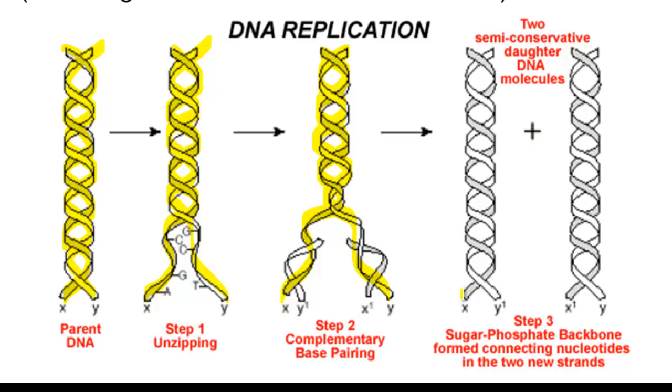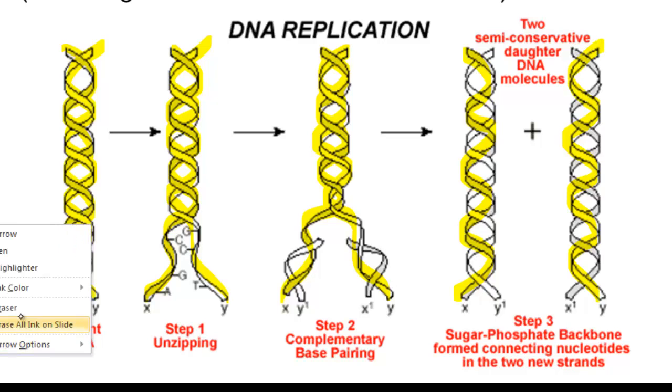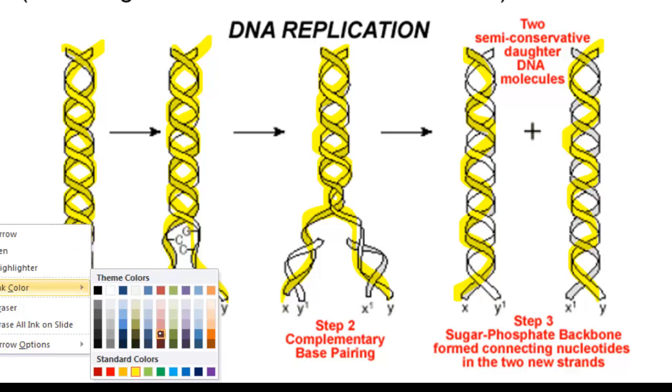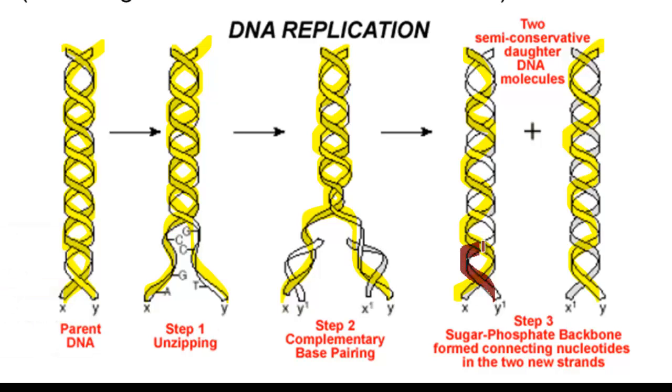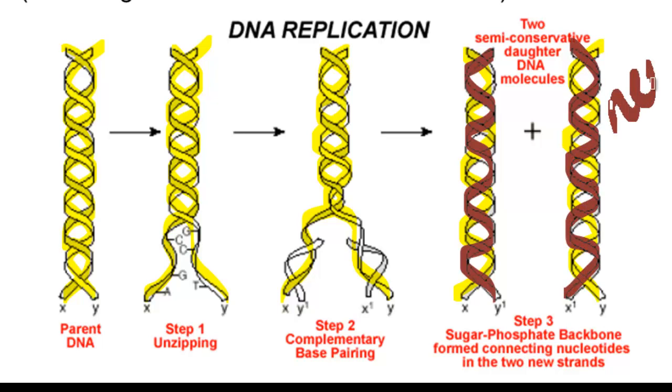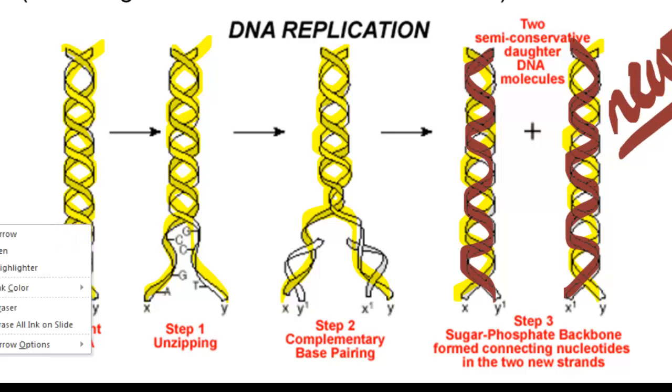When you look at the identical strands, you'll see each of them has 1 yellow strand, one of the original parent copies of the DNA strand. And you'll see I am drawing here in red the brand new strand that was just copied from the complementary bases coming in and joining up. So here you've got two identical DNA strands. Each DNA strand has one new side and one old side.